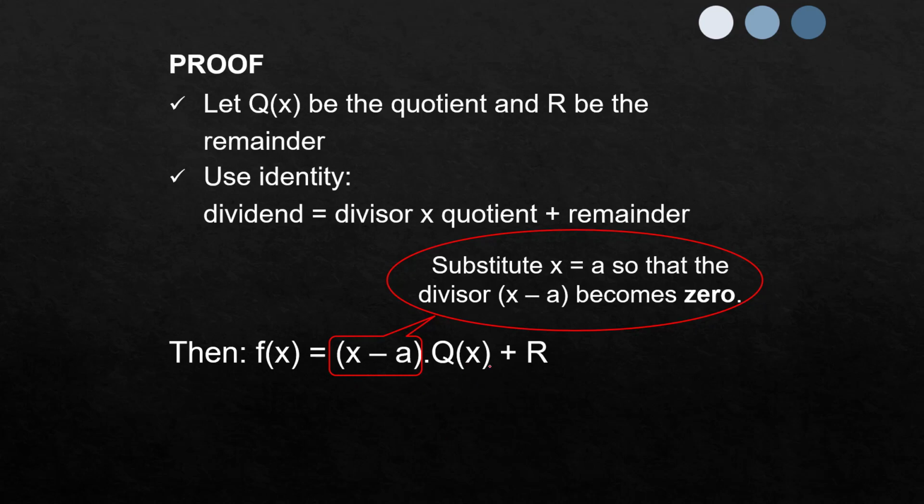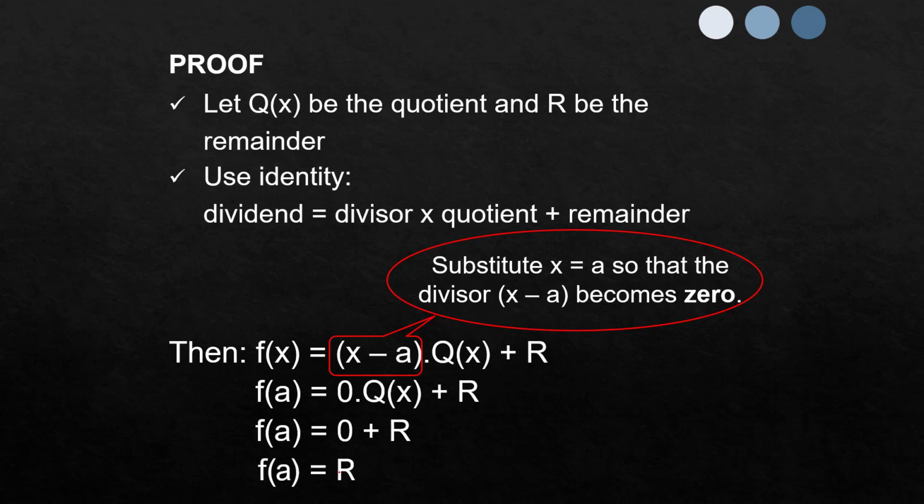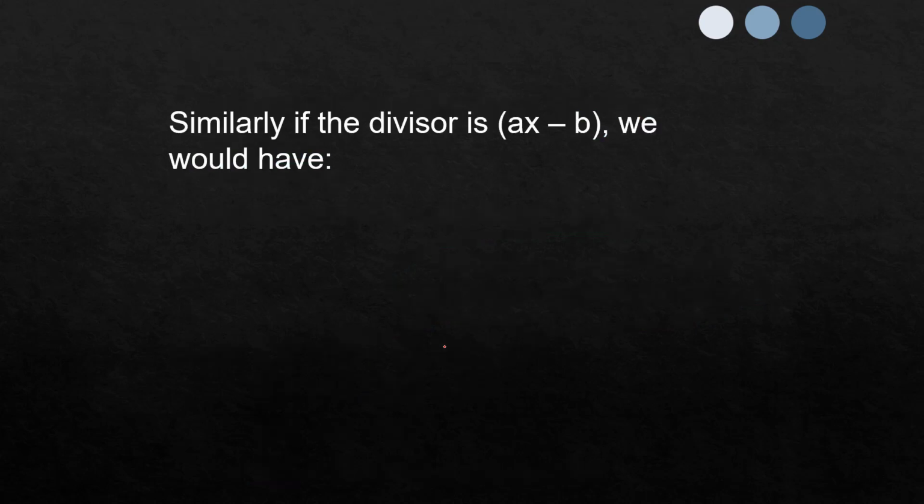So this multiplication becomes 0. Then f(a), the value of the function at x = a, will equal r. r is the remainder. So for any linear divisor, you can find the remainder by simply substituting x by the zero of the divisor.